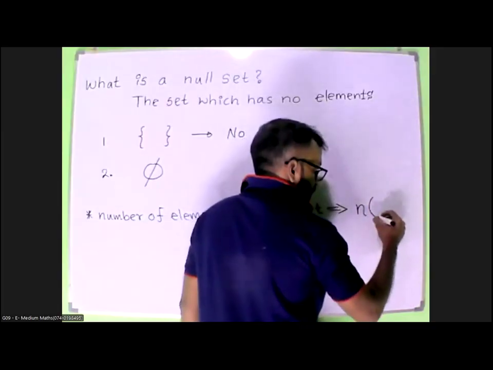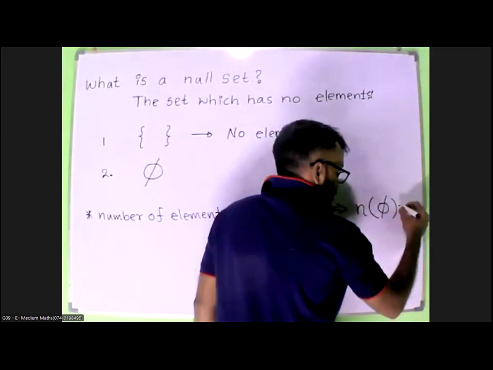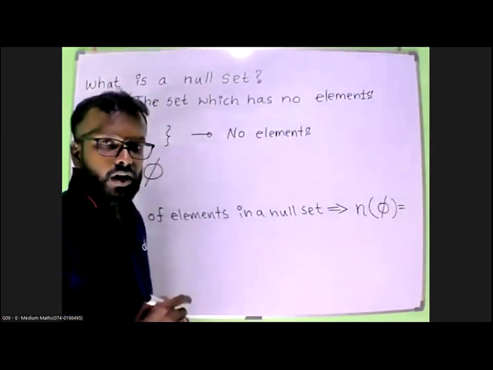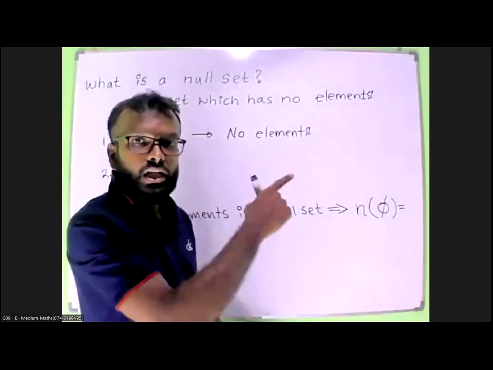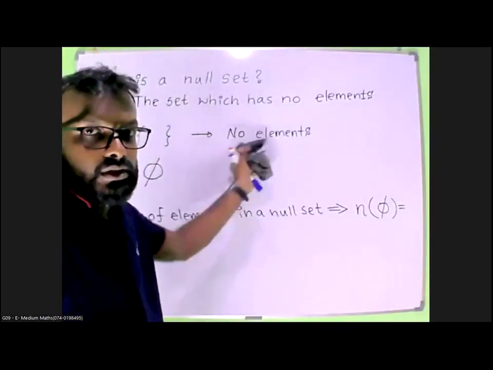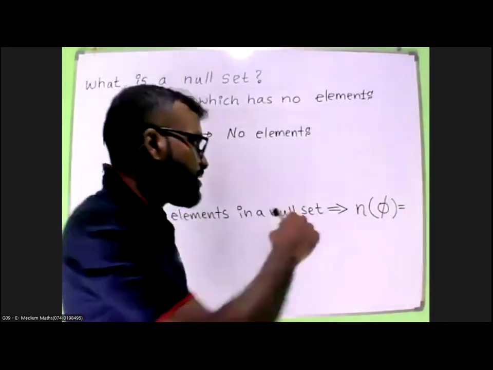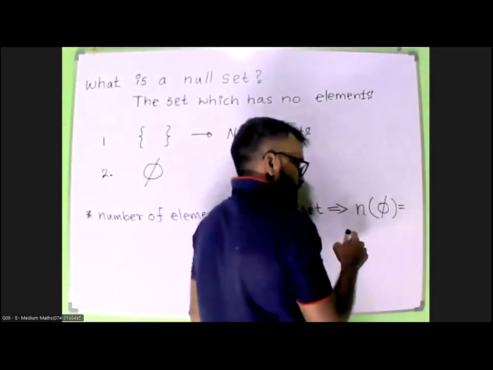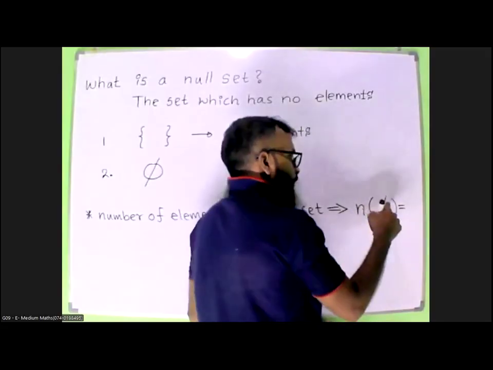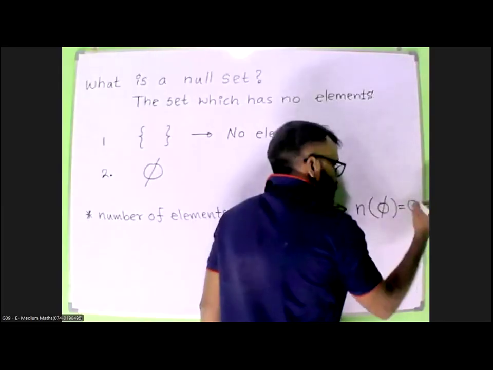Number of elements in a null set equals what should be the number? There are no elements. That means the empty set is 0. Yes, the number of elements in a null set equals 0.